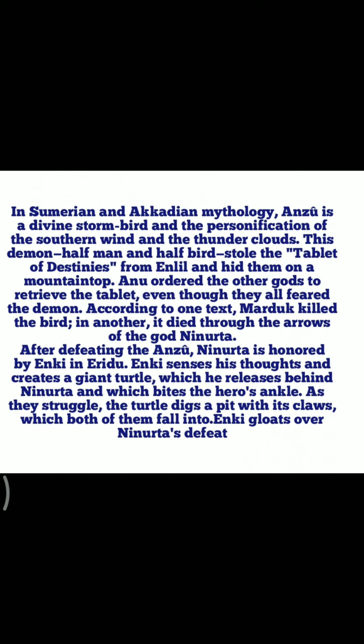Anu, the father of Enlil, orders other deities, other gods or demigods, to retrieve the tablet from Anzu. But all of them express their inability, because Anzu is such a powerful bird that none of them dare encounter him in war.